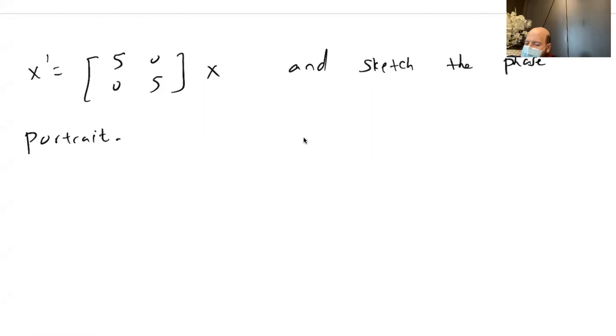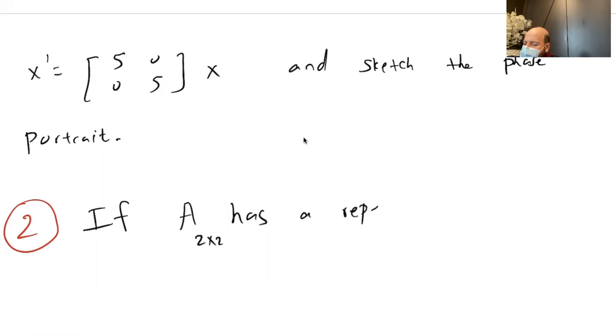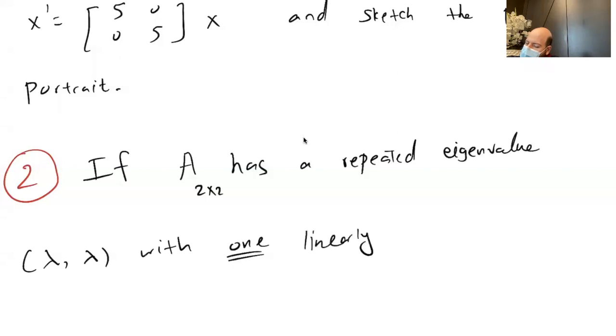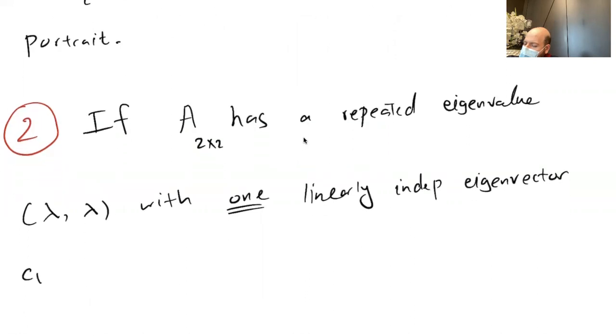Now let's move on to the next possibility. So possibility number 2: if A, a 2 by 2 matrix again, has a repeated eigenvalue, let's say lambda and lambda, with 1 linearly independent eigenvector, let's say C1, corresponding to lambda.